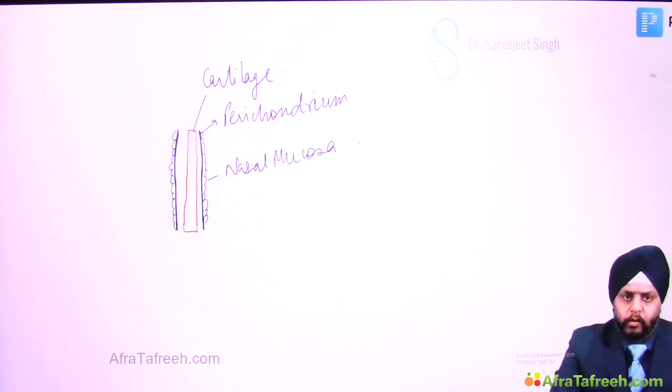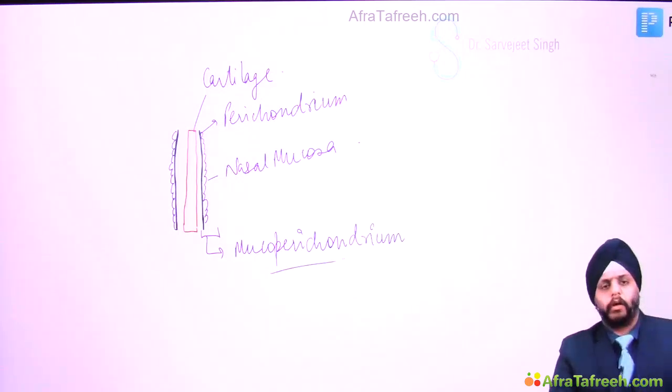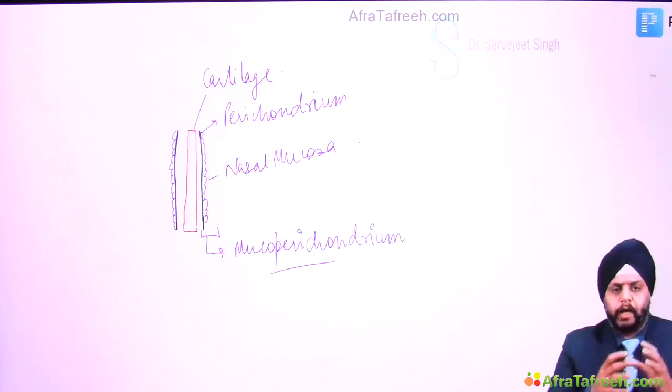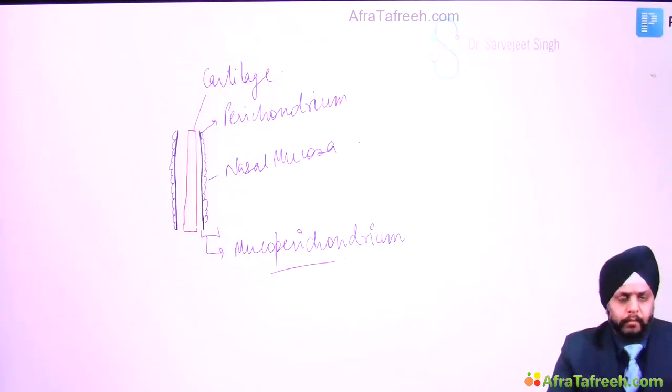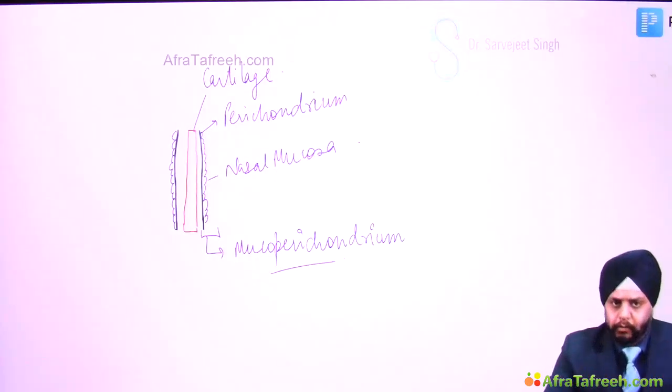So this layer together is known as mucoperichondrium. Got it? Now what happens? The blood supply is rich, abundant, and because of trauma, the blood vessels break down.